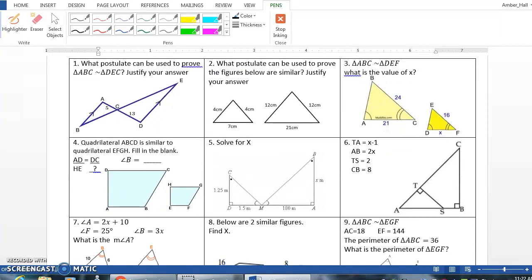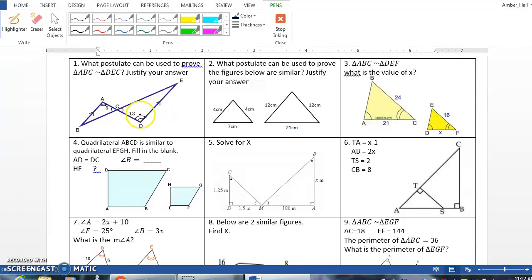Number 1, what postulate can be used to prove triangle ABC is similar to triangle DEC? Well, in the middle we have these vertical angles, so these are going to be congruent. And then we also see that these two lines are parallel, so if we have parallel lines cut by a transversal right here, we know that the alternate interior angles are congruent.